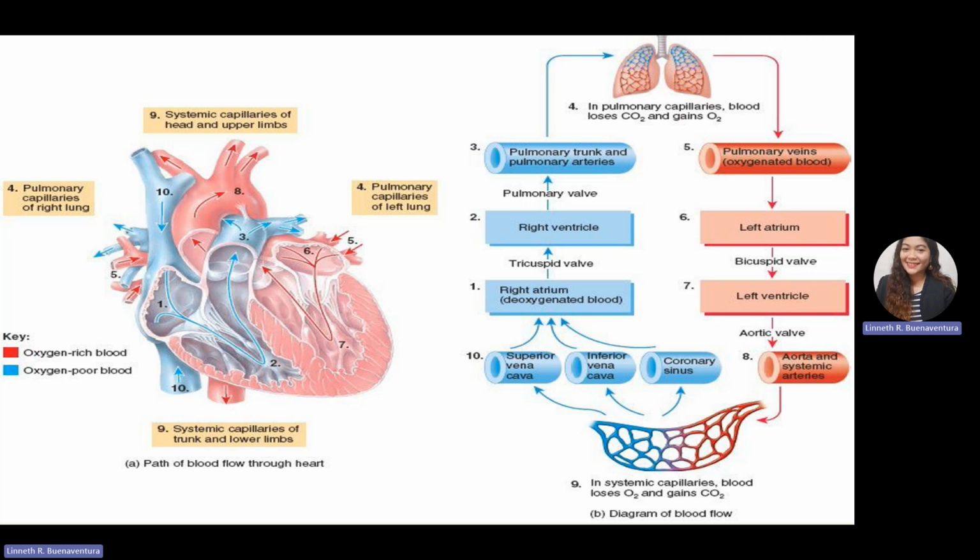through diffusion. Once the blood is rich in oxygen, the pulmonary veins will receive the oxygenated blood, and then the left atrium will be filled with blood and it will pump blood and open the bicuspid valve. It will fill the left ventricle.